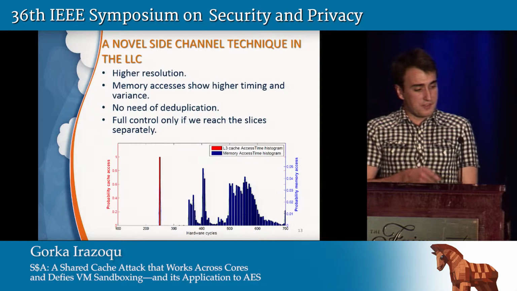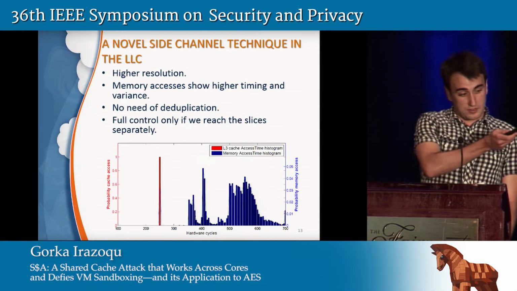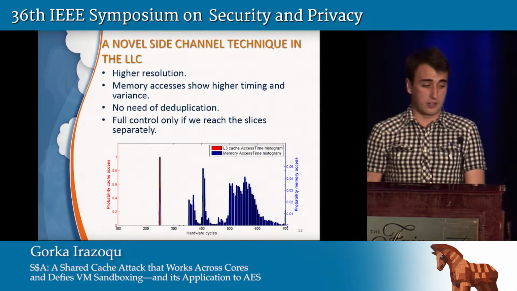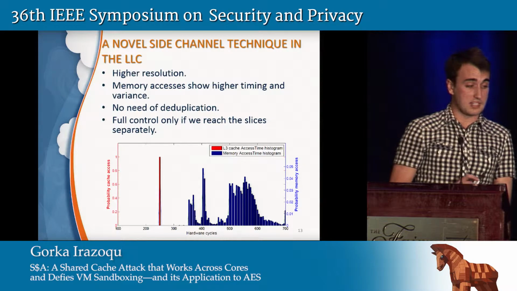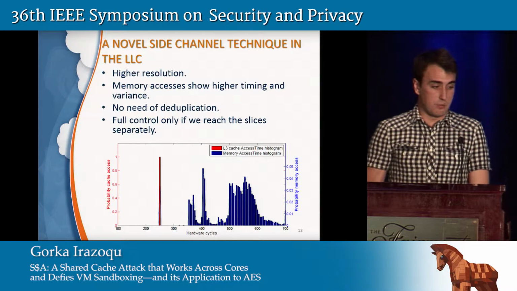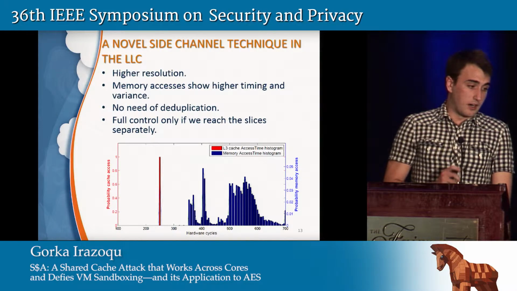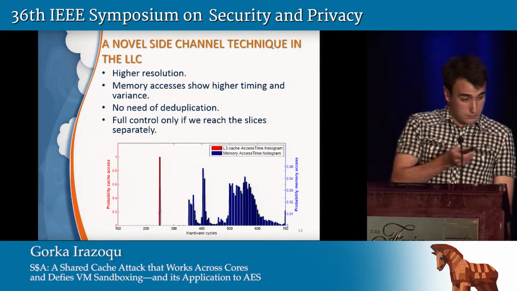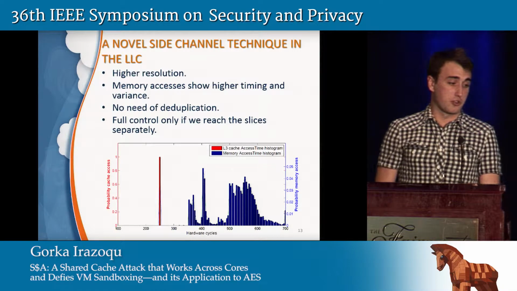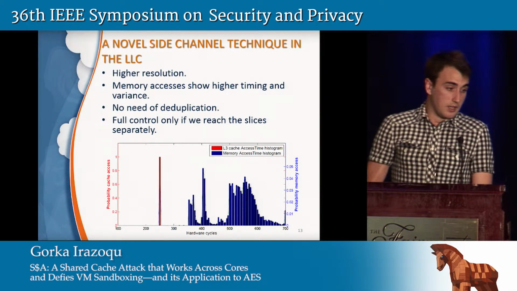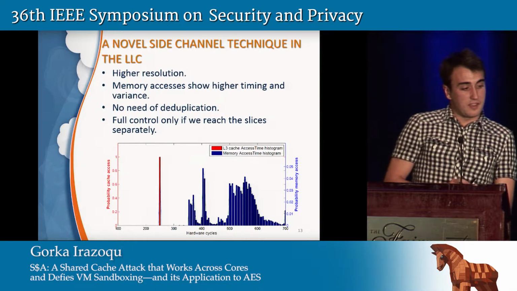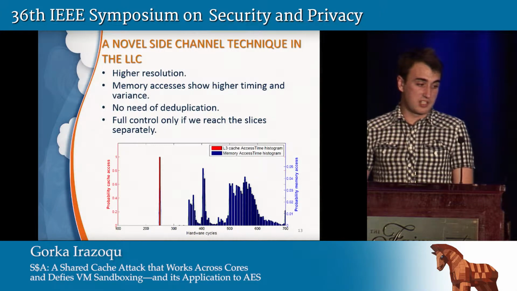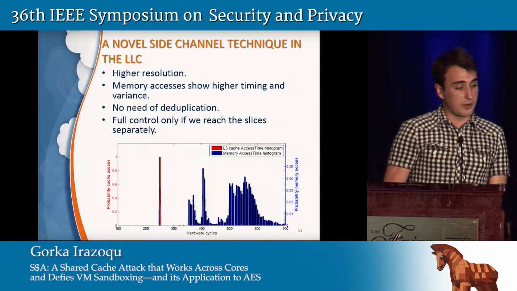the probability distribution of 12, the red distribution are 12 lines reloaded from the last level cache, and the blue distribution are 11 lines from the last level cache and 1 from the memory. And indeed, this is the probability distribution over the hardware cycles. We can see that not only the timing or the reload time is much lower when we reload all of them from the cache, but also the variance.